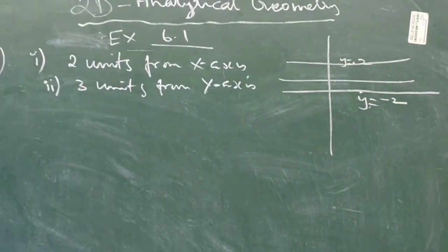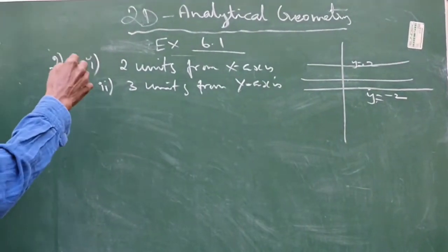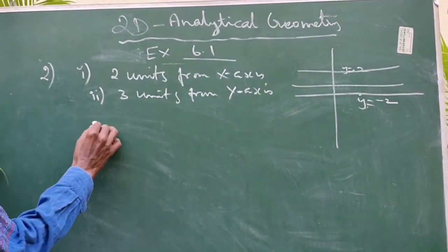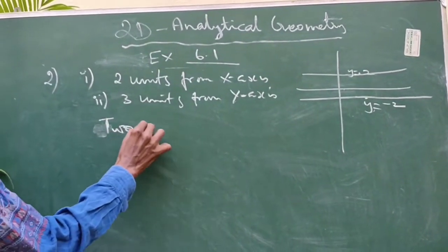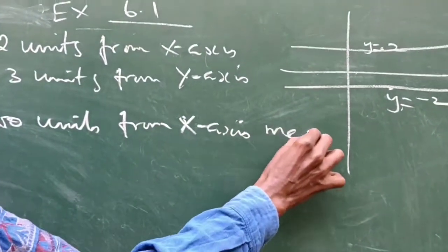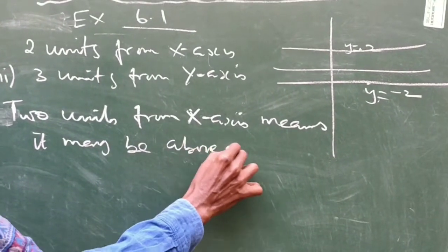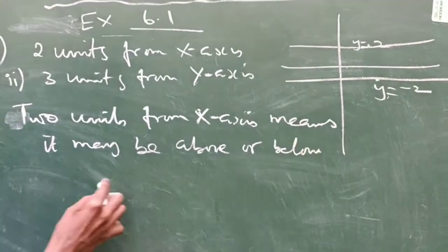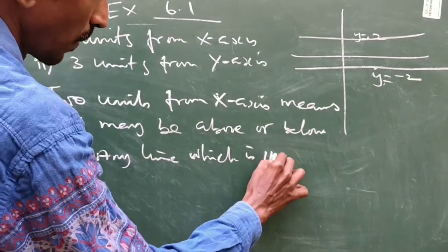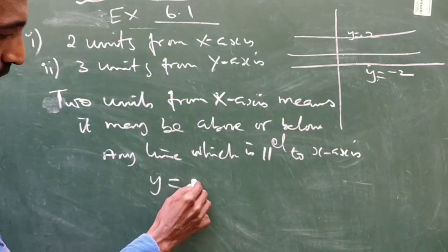So for the first subdivision, the locus of P that moves at a constant distance of 2 units from the x-axis: any line parallel to the x-axis is of the form y equals some constant.